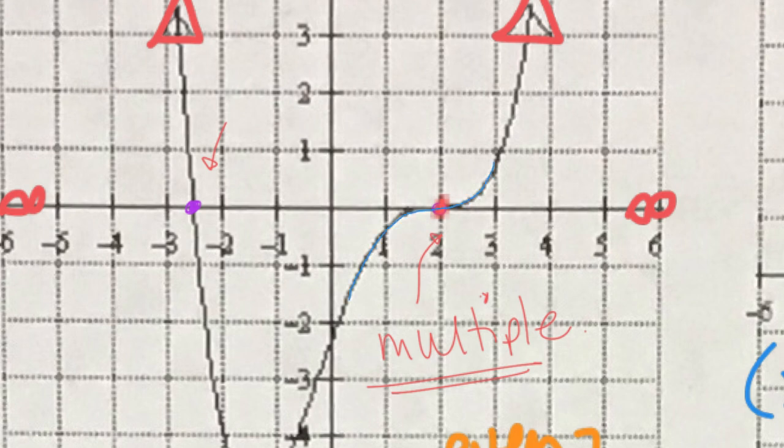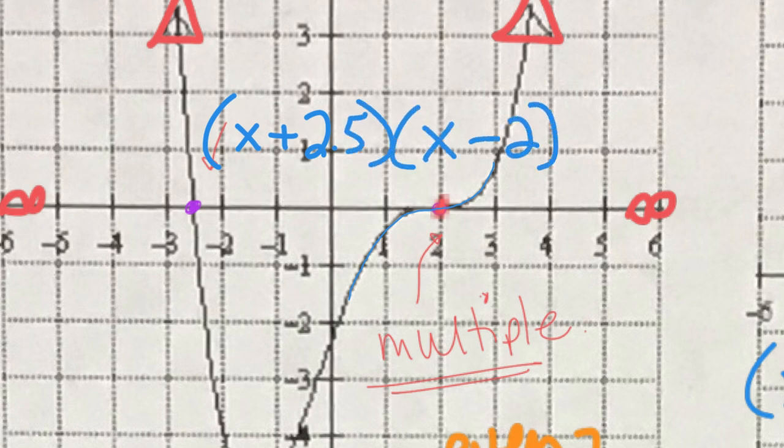That is how we're going to represent a flattening cross. So we have x plus 2.5, and we would have x minus 2 to the third power. That would have a power of 3 because of this crossing at a flat rate here. That represents a multiplicity of 3, a power of 3 on your factor.